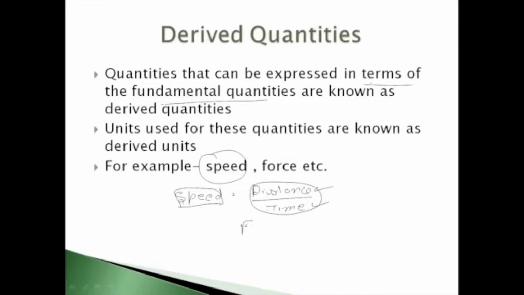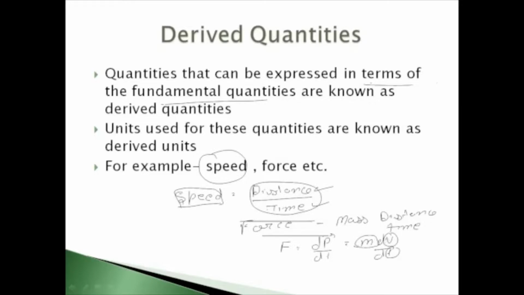Similarly, force. To describe a force, we need three quantities. First is mass, other is distance, and last one is time. Because what is force? Force is the rate of change of momentum, and momentum is equal to m dv upon dt. So in force we have mass, we have velocity and time.